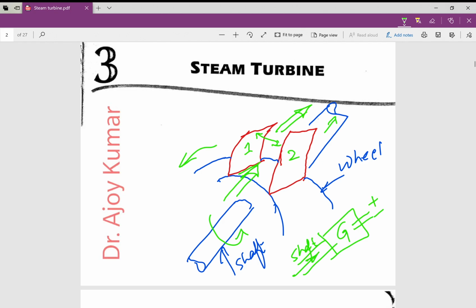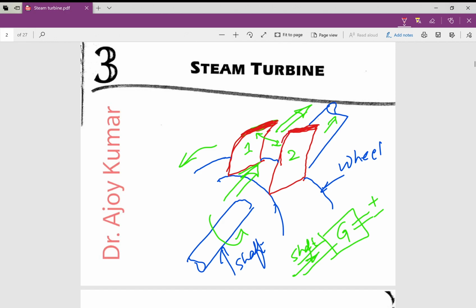So here in this steam turbine we are focusing on the thickness of the steam turbine blade. This is your blade. This is your thickness. Like, say, here also, this is the thickness of the blade.